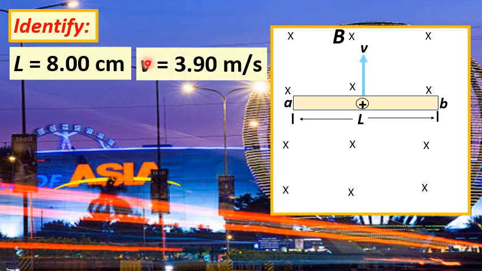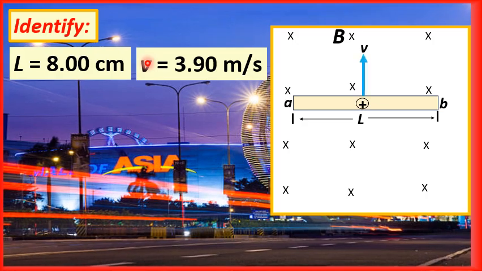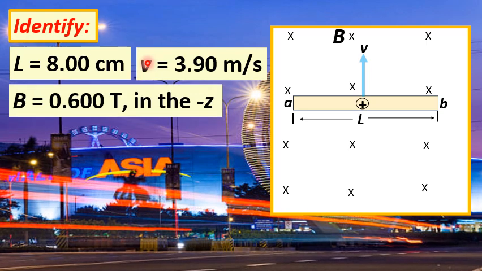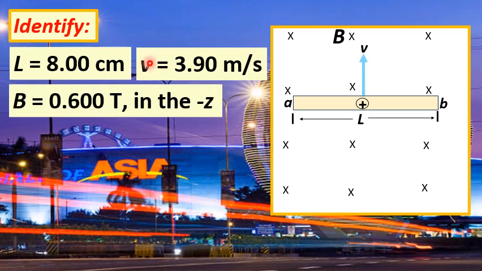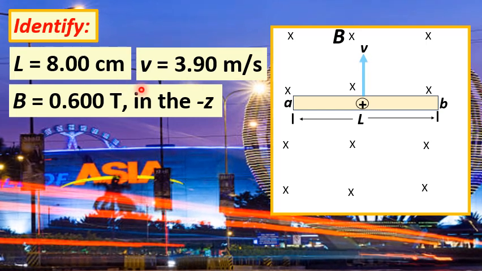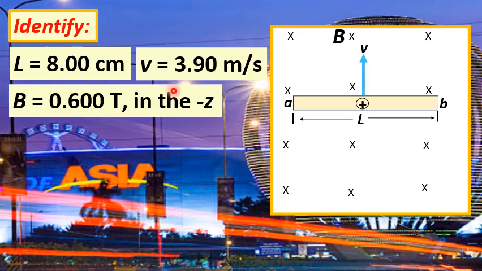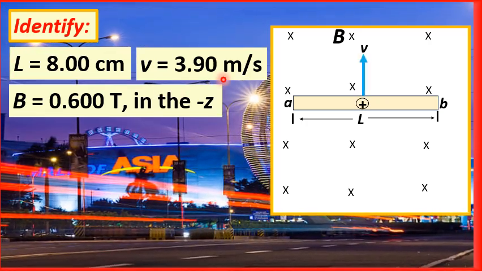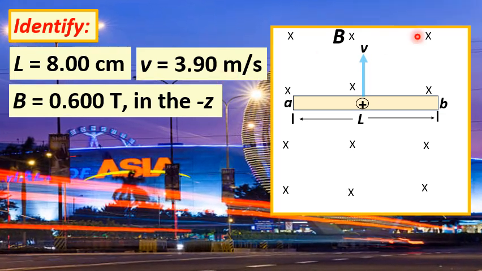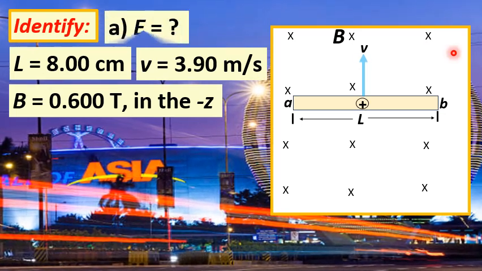It moves in the positive y direction at a speed small letter v equal to 3.90 meters per second, in the presence of a uniform magnetic field, capital B equals 0.600 Tesla, that points in the negative z-axis, or that is into the page, as emphasized by the cross symbols in the figure.